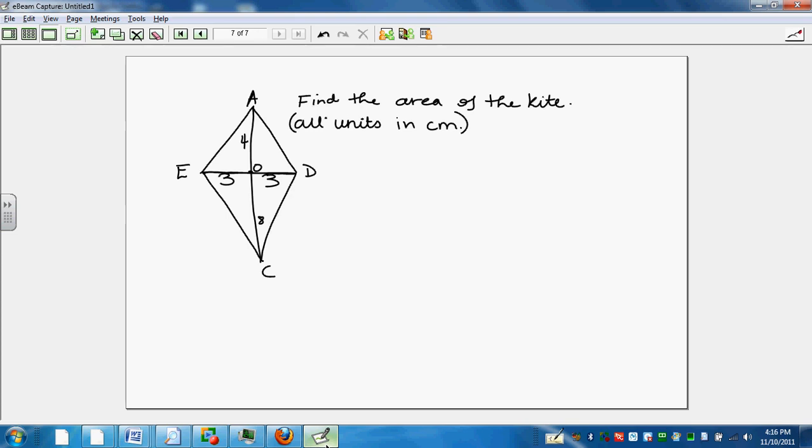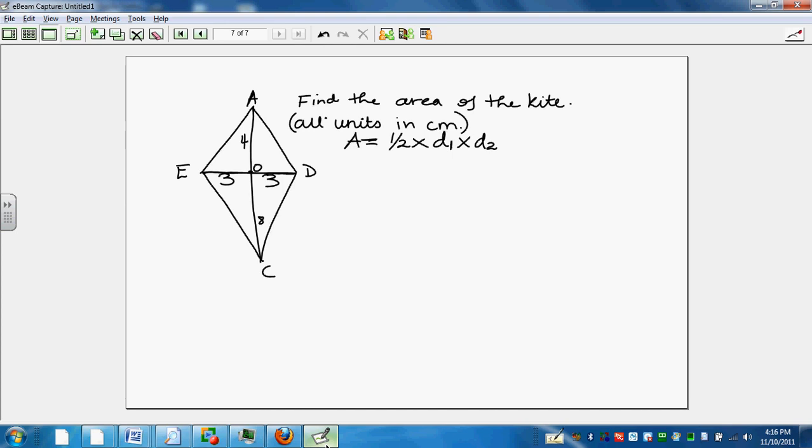So what we'd have to use is the area of a kite, and the area of a kite is given by the equation a half multiplied by one diagonal, which we call D1, by the other diagonal D2, or a half times the product of their diagonals.